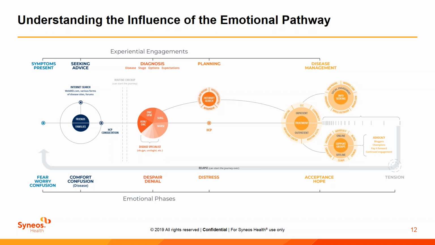Again, this kind of confusion can often lead to more internet searches or to seeking a second opinion to confirm a diagnosis, since patients at this point are still really in that point of disbelief. It's that denial, that despair that actually something very serious is wrong with them.